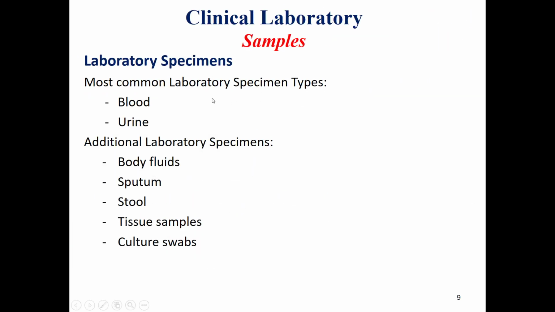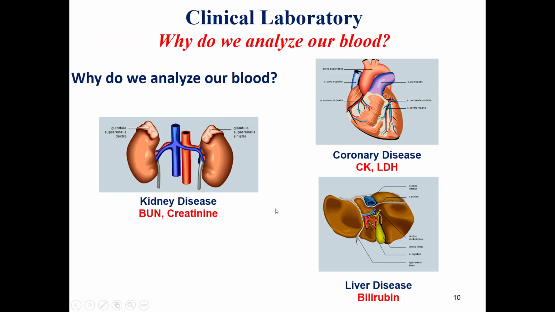There are different types of samples or specimens. The most common laboratory sample types are blood and urine. We have additional samples: body fluids, sputum, stool, tissue samples, culture swabs, and so on.